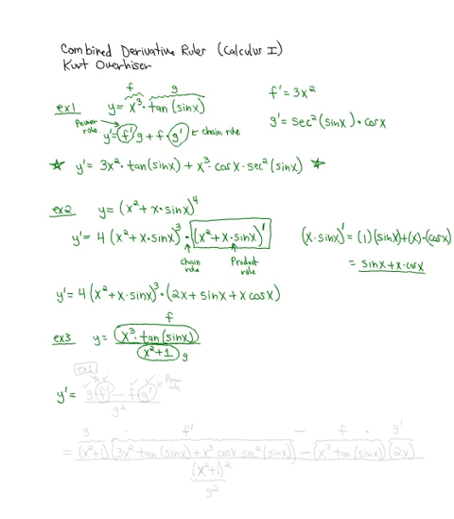So if we write down the quotient rule, quotient rule says g times f prime minus f times g prime, and then the whole thing divided by g squared.